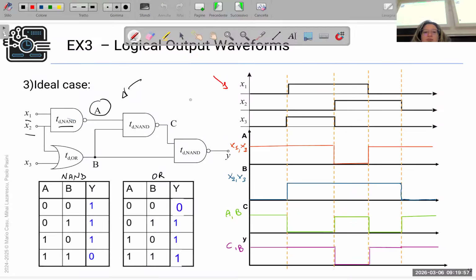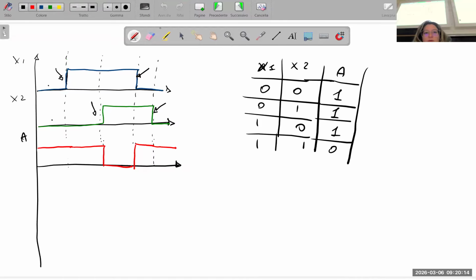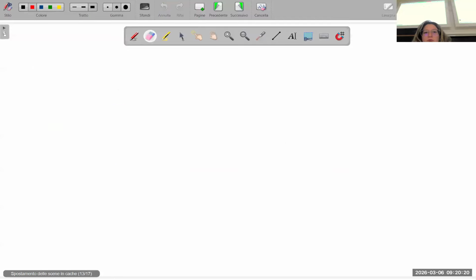And now we have to see the second problem, which is B. B is given by x2 and x3. x3 is more similar to x1. Okay, let's do it again. So maybe divide it in this way. Another page.